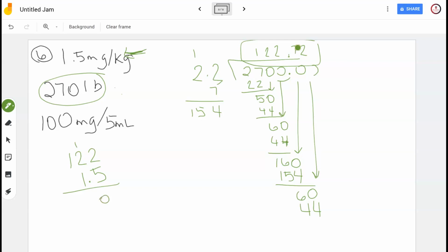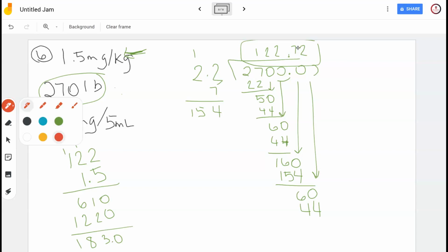You want, your desired dose is 183 milligrams of lidocaine.